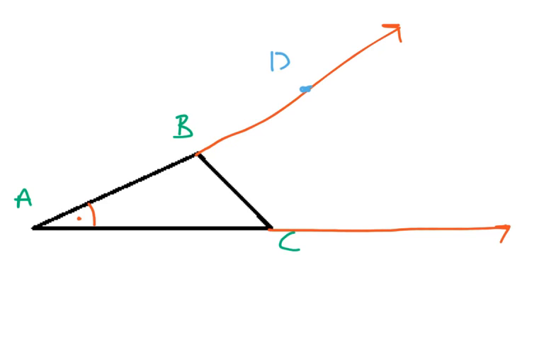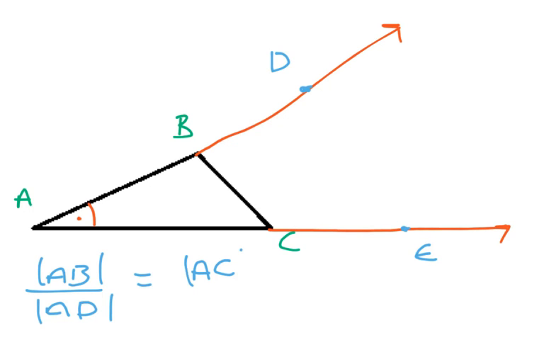Let's call that D, and let's call that E. And we've added them so that AB over AD is equal to AC over AE. So what we're saying is that these line segments are proportional to each other.